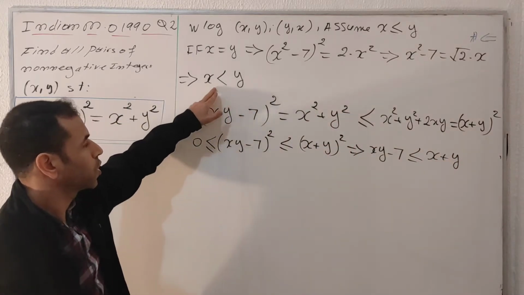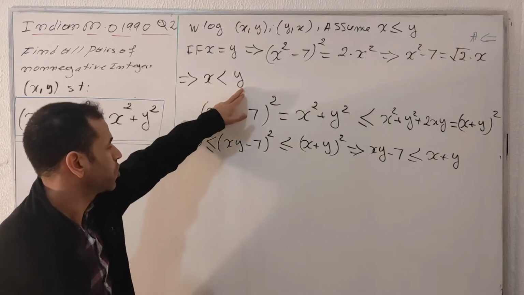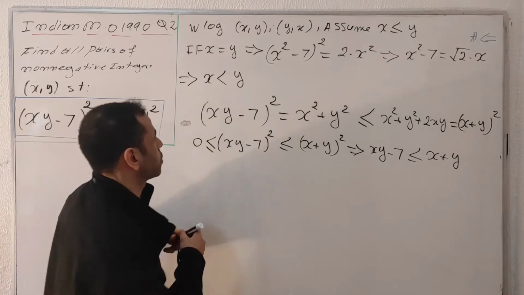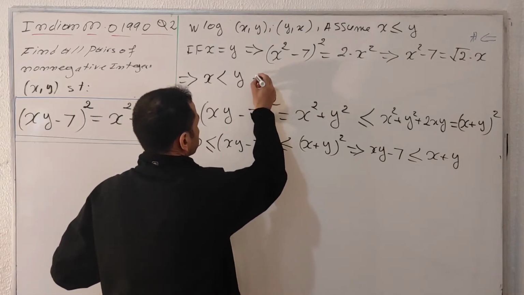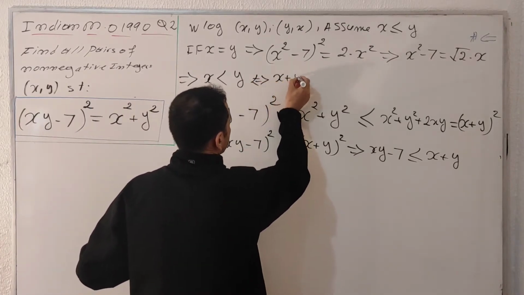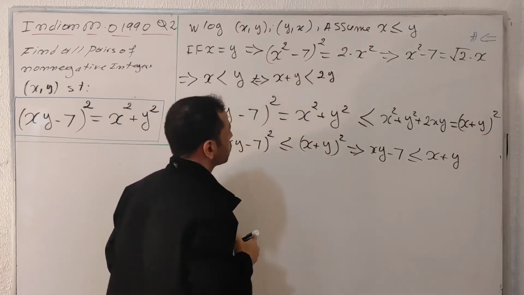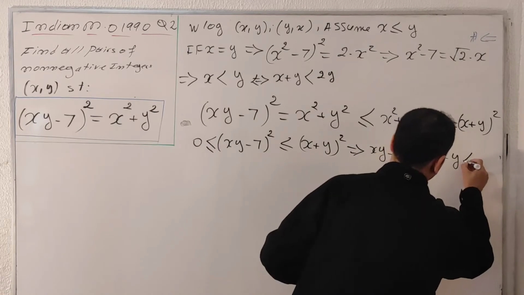And also we have this condition: x is strictly inferior to y. I'm going to add y on both sides. I will get here x + y is strictly inferior to 2y. That means this one is strictly inferior to 2y.